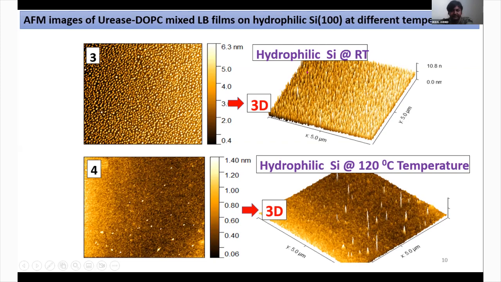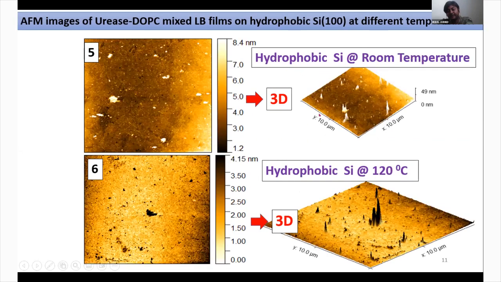And then in the next slide, we explored what happens on the hydrophobic surface. On the hydrophobic surface, the proteins are already denatured, so heating does not change the structure much, because when a protein is denatured, you can't tell what the properties of the protein are without measuring it. So we found that on the hydrophobic surface, the denaturation due to hydrophobicity and due to temperature are almost the same.